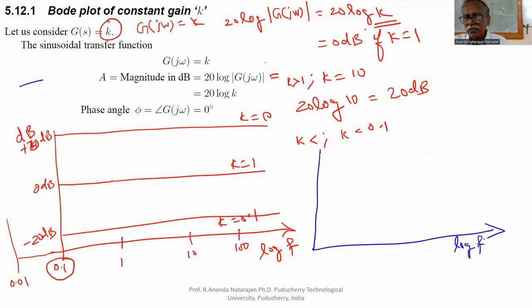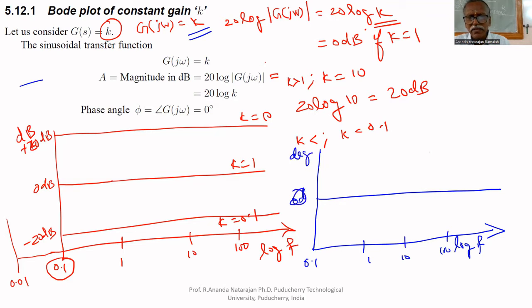Log f: 0.1, 1, 10, 100, like that, that is 0.1 hertz, 1 hertz, 10 hertz, 100 hertz. The phase plot is for only a real part, no imaginary part. That's why the angle is always 0. So the phase plot is 0 degree. This is the phase plot.